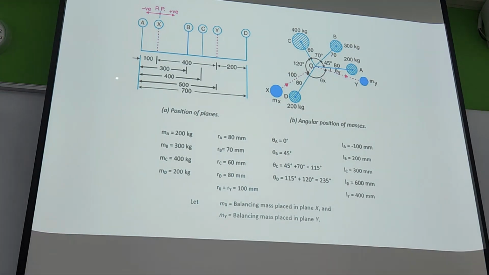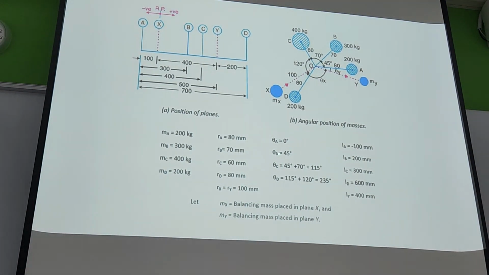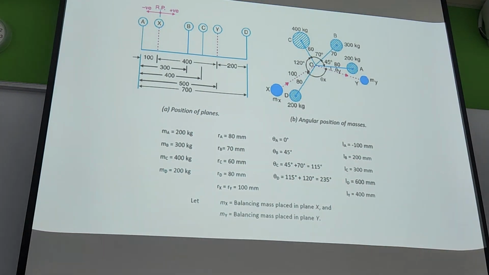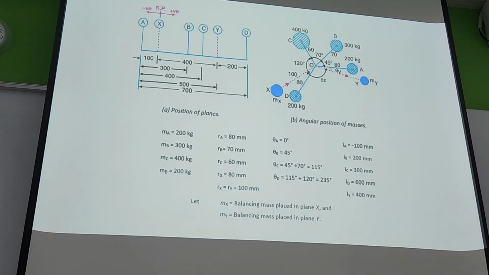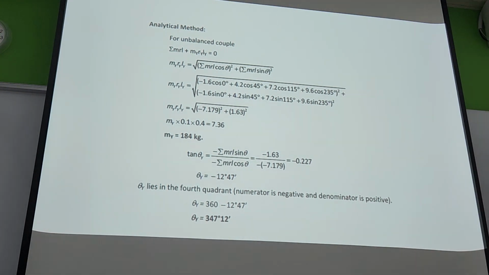Later we write this as M, mass data, R, position data, theta, orientation data, and L, the horizontal distance. To solve this, we can first use the analytical method: the sum of the moments acting on the system will be 0.